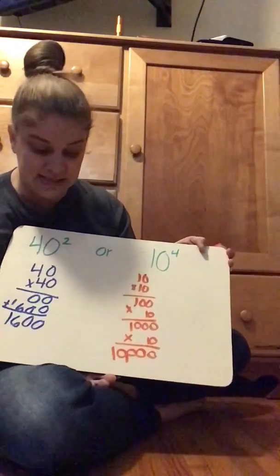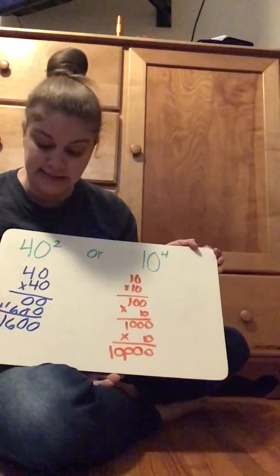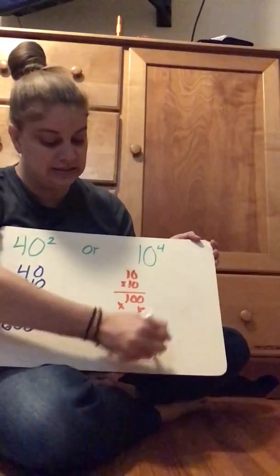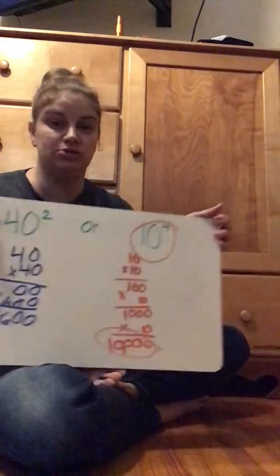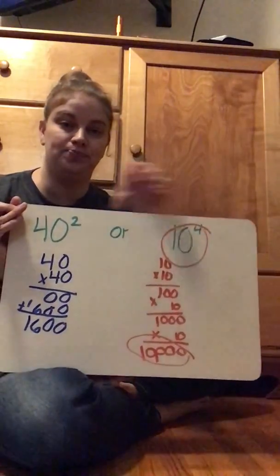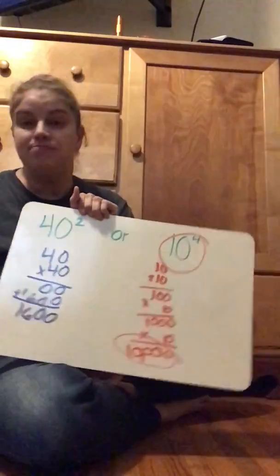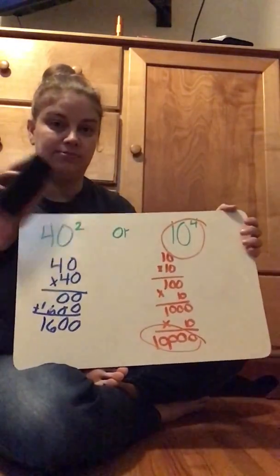And that would be 10,000. So which is bigger, 1,600 or 10,000? The answer is 10,000. So the answer that is greater is 10 to the 4th power. And again, you don't have to show this work on the test, but I just wanted you to be able to see how I did that.